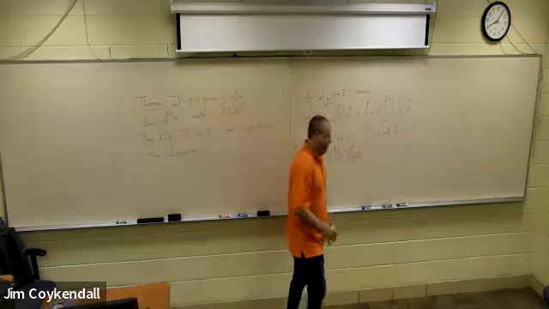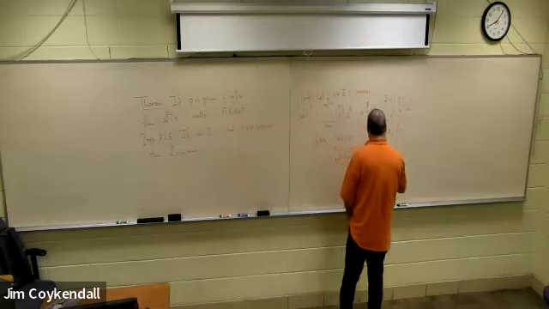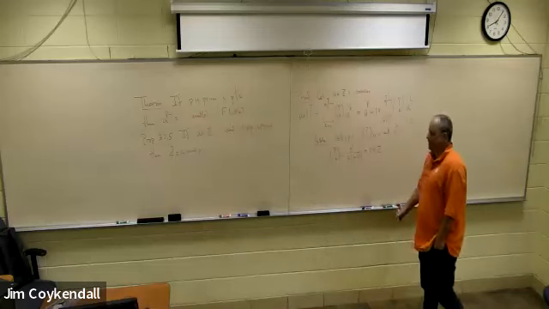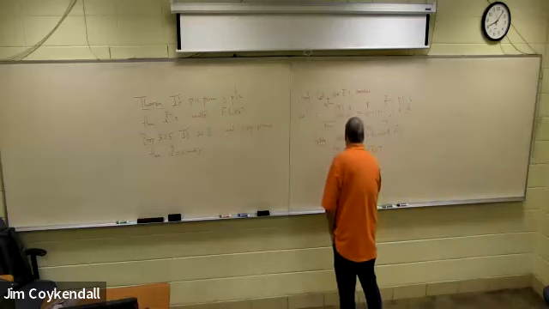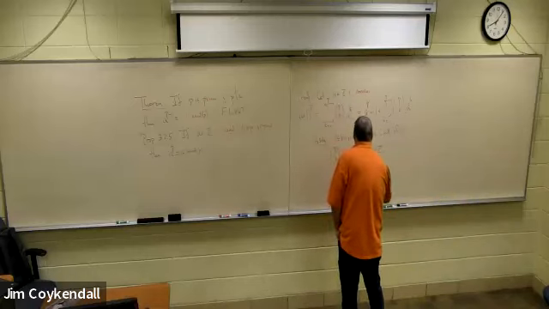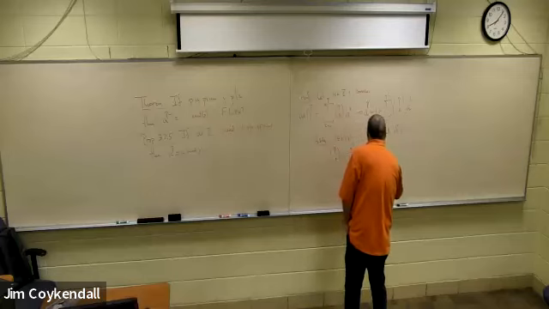And this is an integer, so I'm going to call this r in the natural numbers. So this means that p factorial is equal to r times k factorial times p minus k factorial.